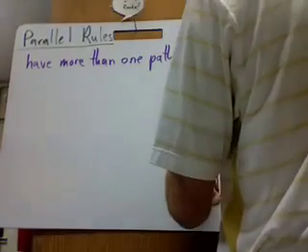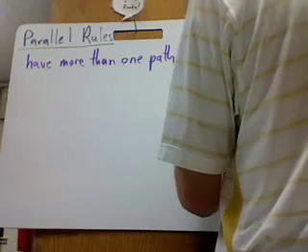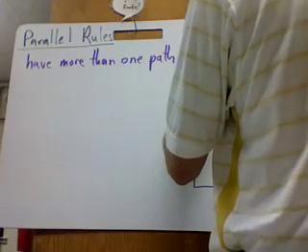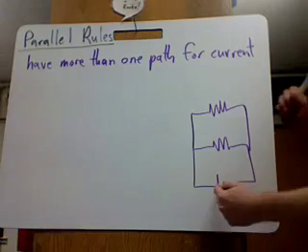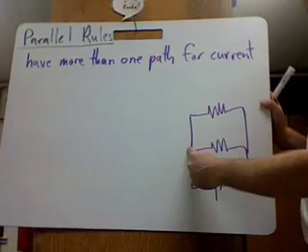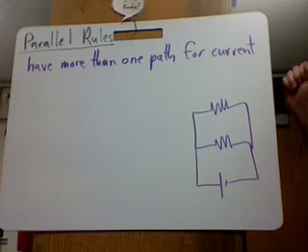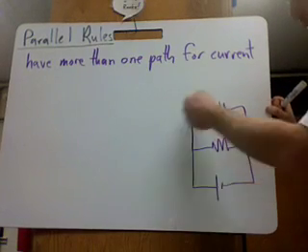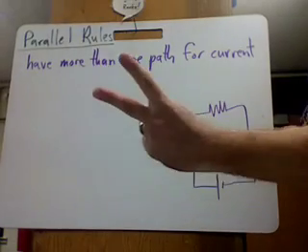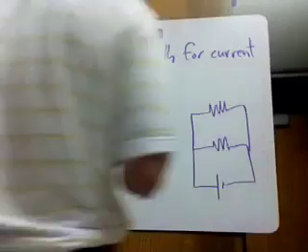If I draw a real quick parallel circuit down here, you can see that the current comes out, gets to this point, and then it can either go this way or go this way to get around. It's always going from the positive side to the negative side, but it can go either way. So there are two paths for the current to flow.